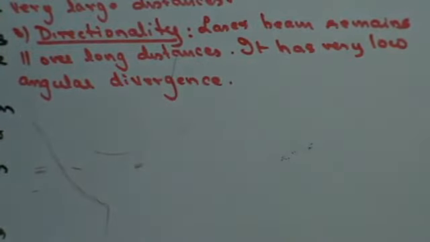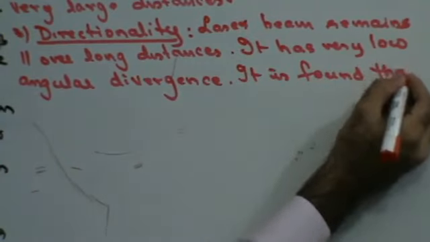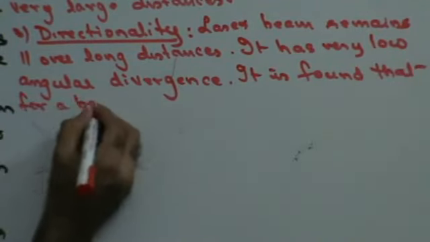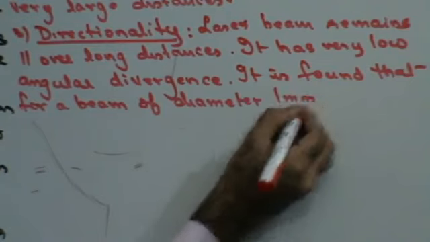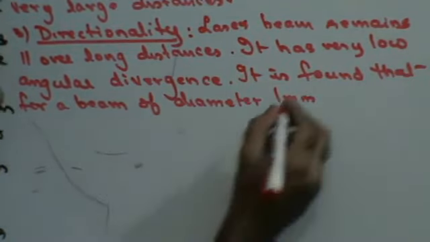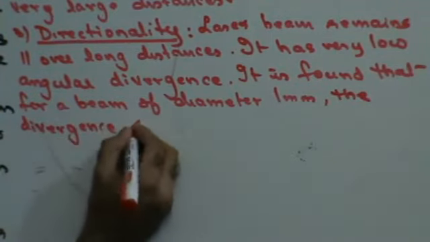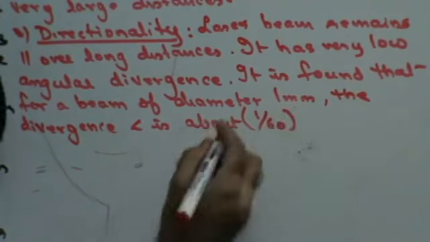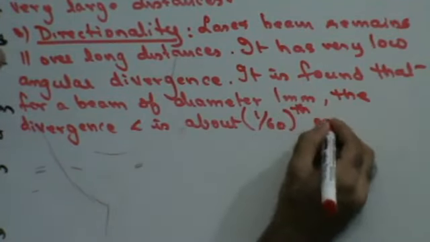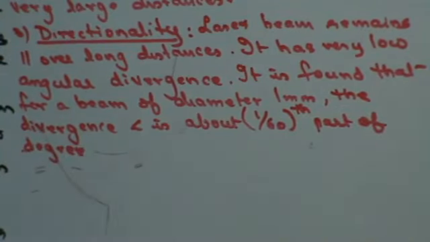It is found that for a beam of diameter 1 mm, the divergence angle is about 1/60th part of a degree. That is your directionality.